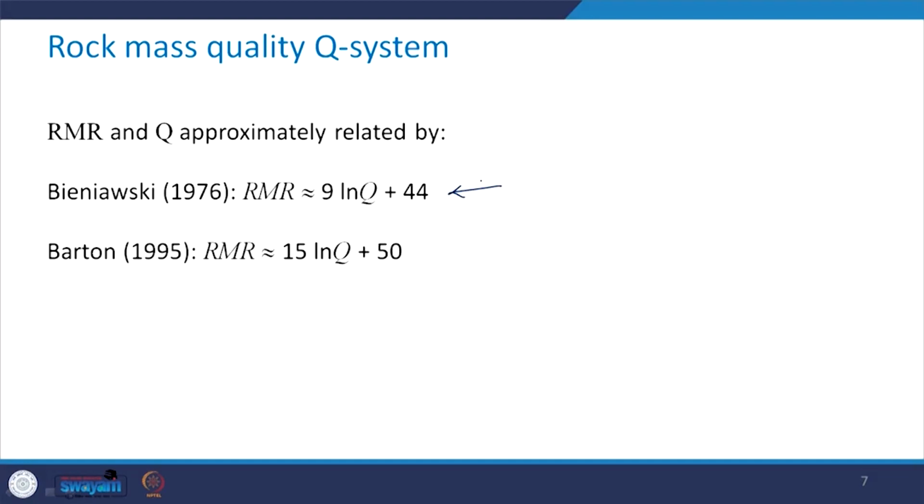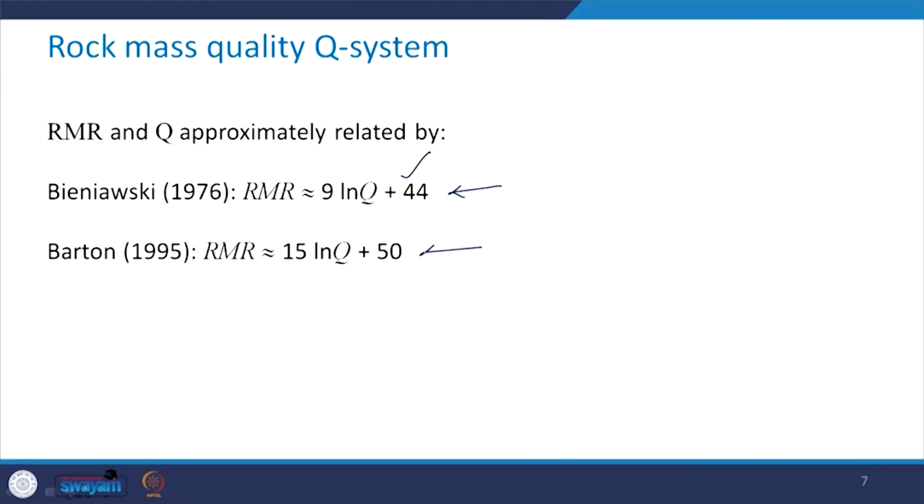This is given as RMR equal to 9 ln Q plus 44, and the second expression was given by Barton in 1995, where RMR is approximately equal to 15 ln Q plus 50.